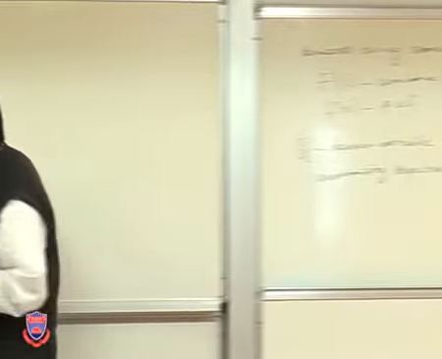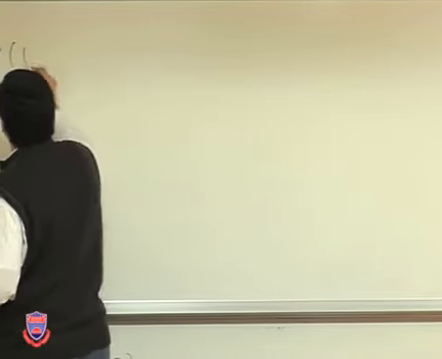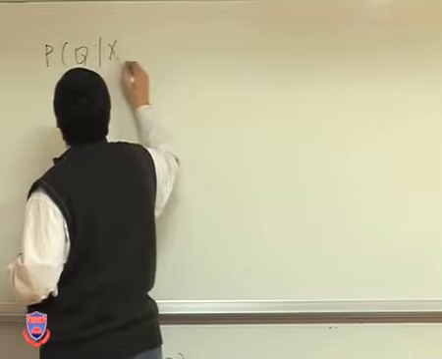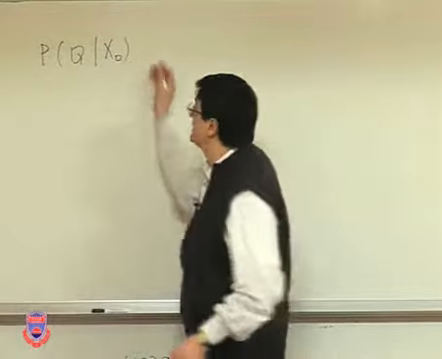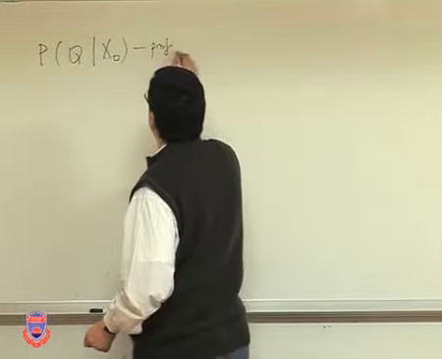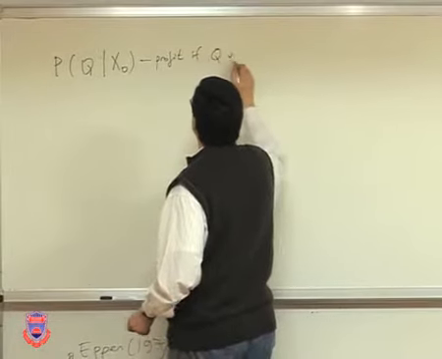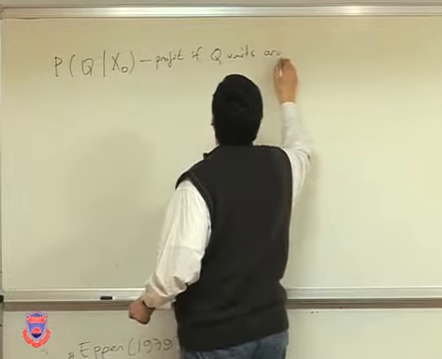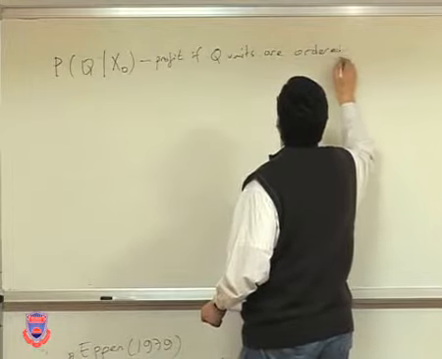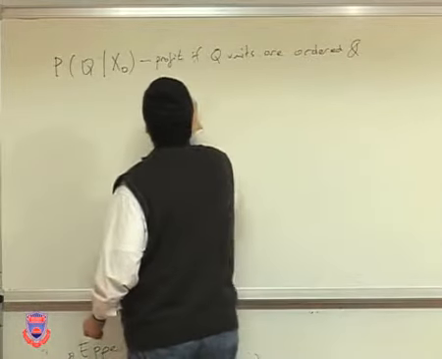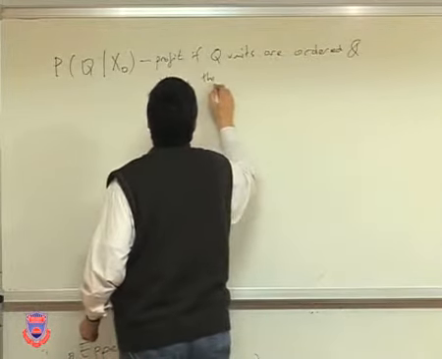So what I will do is define a function P(Q given x0) as the profit if Q units are ordered and x0 is the realized demand.